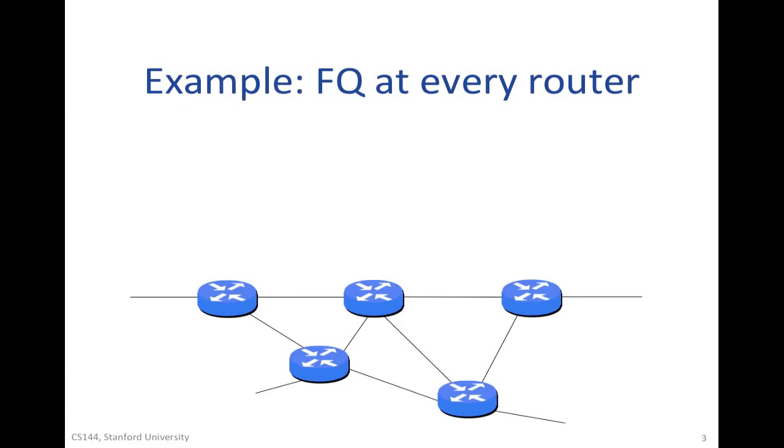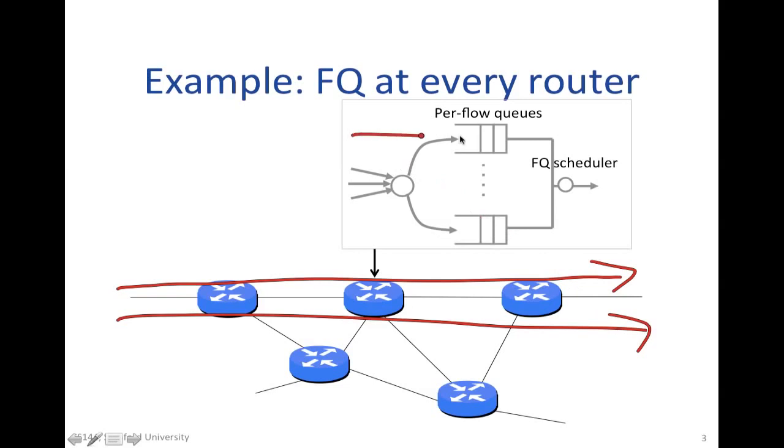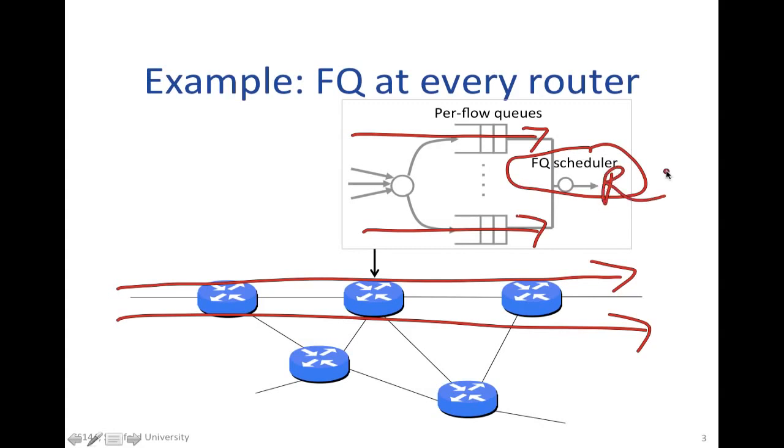Notice that we've already seen a way to give everyone a fair share of the outgoing link by simply decomposing the output buffer into per flow queues, as shown here, so that if I've got multiple flows going through the network, then each flow would be placed into its own queue, and then we use a fair queuing scheduler to divide up that egress rate, let's say R, amongst all of the flows that are contending for it. And so if they're all wanting to send at a rate greater than R over 2, then they would each receive R over 2, because that's what a fair queuing scheduler would do.